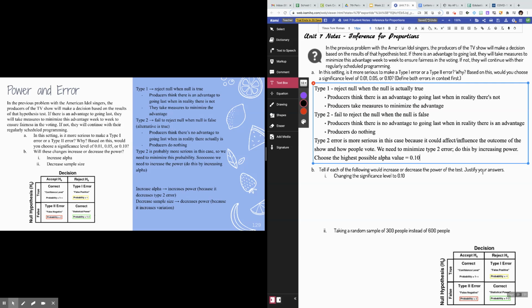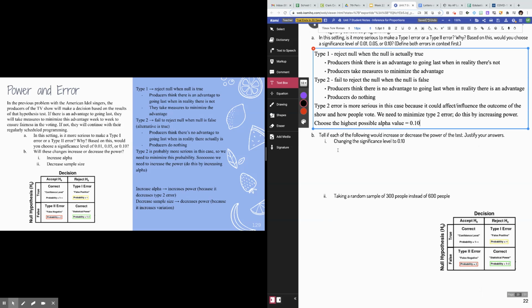Okay, right? And then part B is not necessarily in the context of this problem, right? It's just in general, right? So which of these would increase or decrease the power of the test, right?